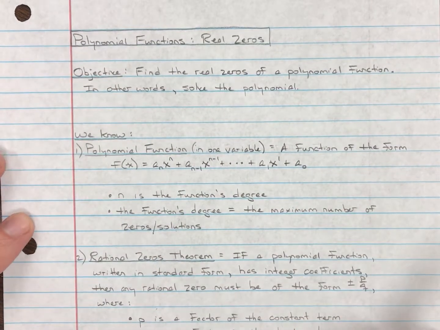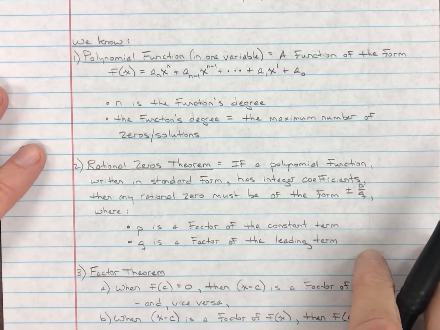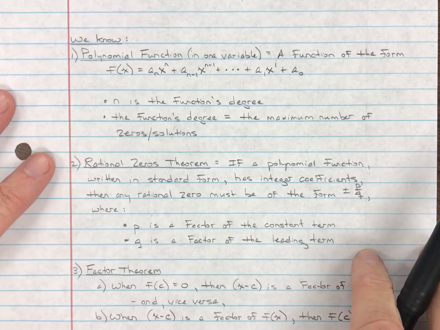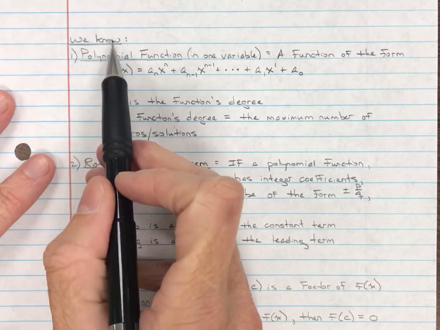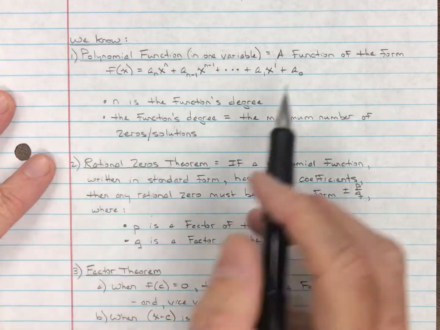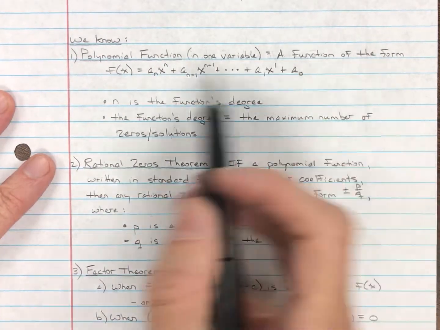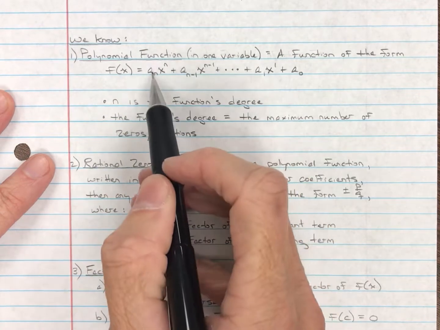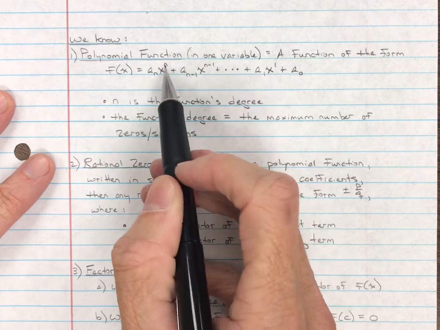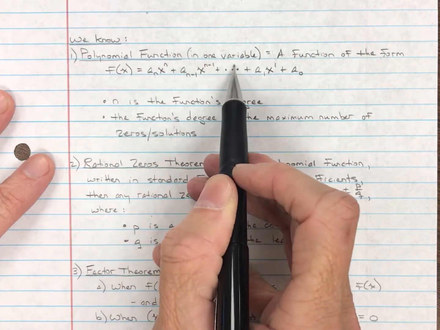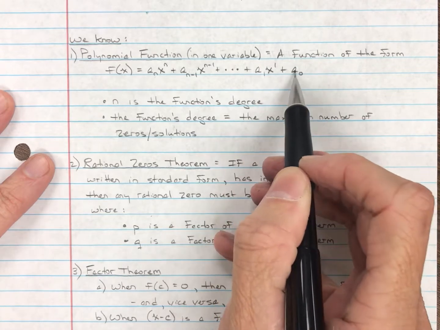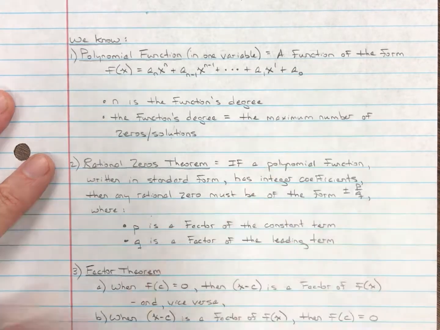So let's talk about all those things that we've done up to now that are going to come into play in solving the polynomial. Okay, so what do we know? We know what a polynomial function in one variable is. It's a function of the form f of x equals a sub n x to the n, etc., highest degree first, count your degrees down, a sub 1 times x, plus a sub 0, which is the constant.